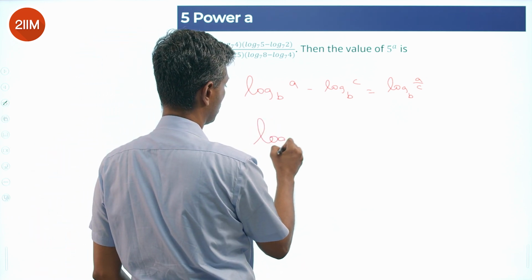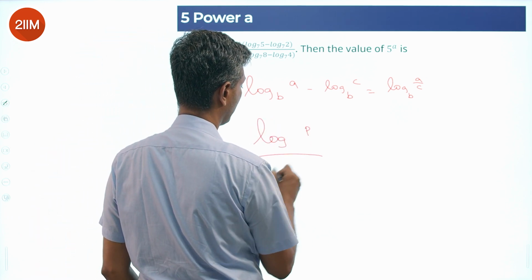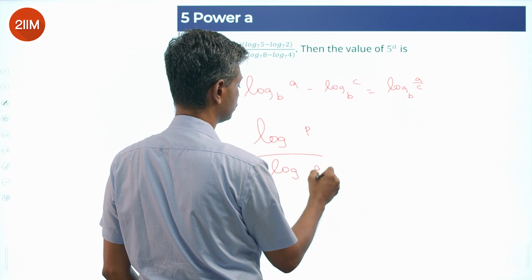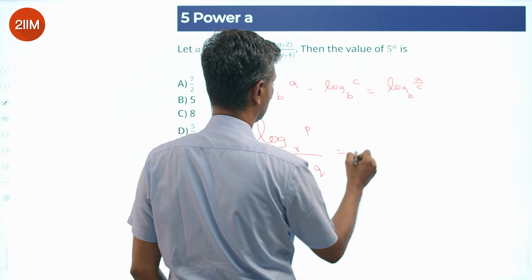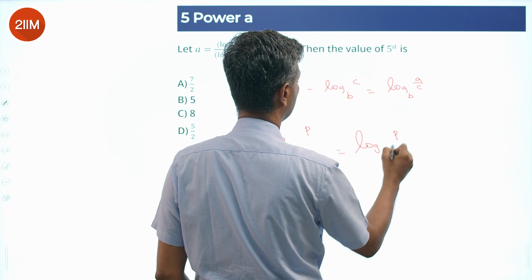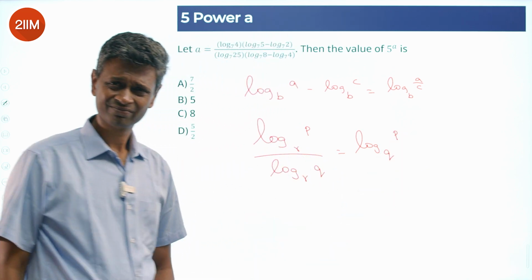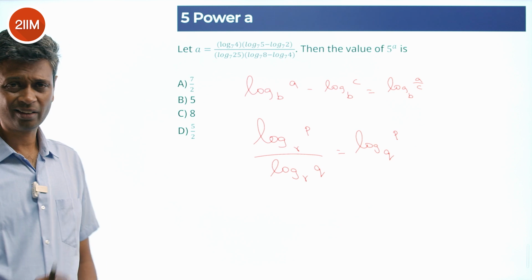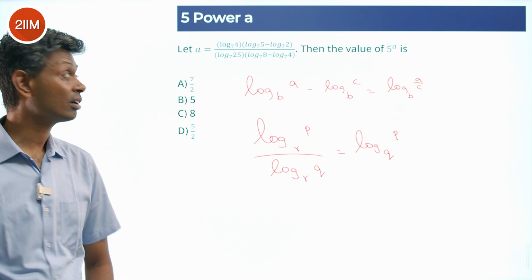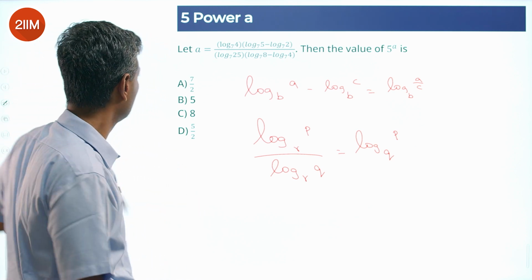We use log p by log q, both to some other base, is nothing but log p to the base log q. We use these ideas and then say, okay, nice, interesting, let's crack this.